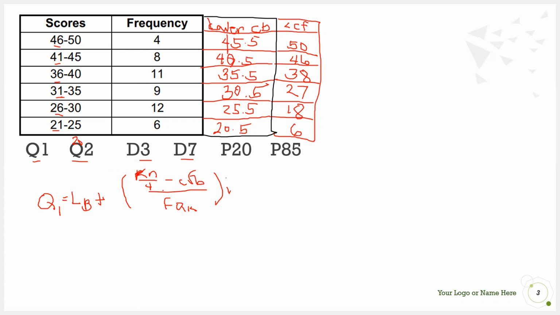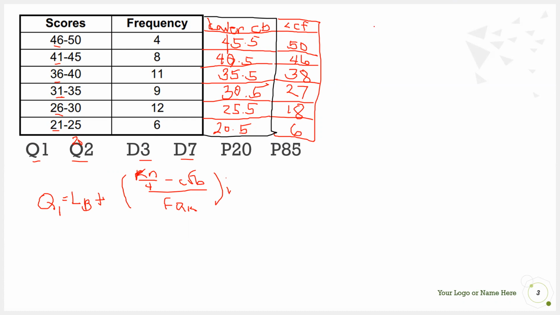Okay. Ganito muna ang una natin gawin. Hanapin natin si quartile 1. Parang gawin lang natin yung ginawa natin dati. So, quartile 1, ilan nga ang total frequency natin? Kapag inadd natin yung 4, 8, 11, 9, 12, 6, ilan yun? 50 po. 50. Ito ngayon, nasa dulo. Yung pinakadulo is the total. So that is 50.